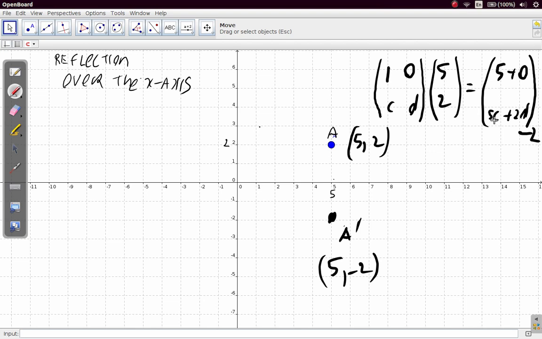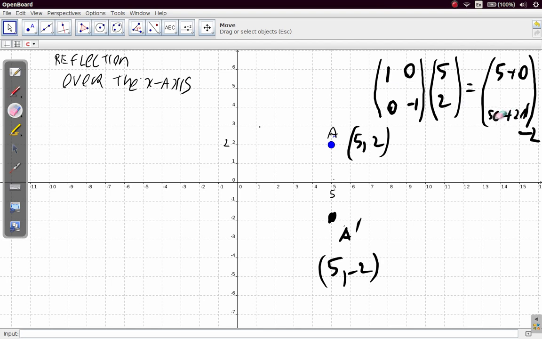The 5C does not play a part. So it indicates that C times 5 will be 0. So C must be 0. So this is 0 by 5. D times 2 gives you negative 2. What it suggests is that D must be negative 1. Right? So let me erase D and put negative 1.